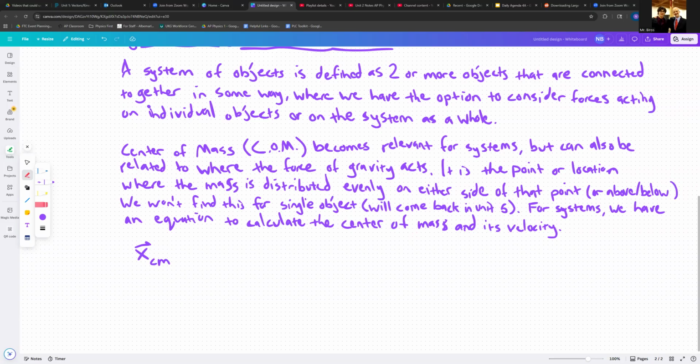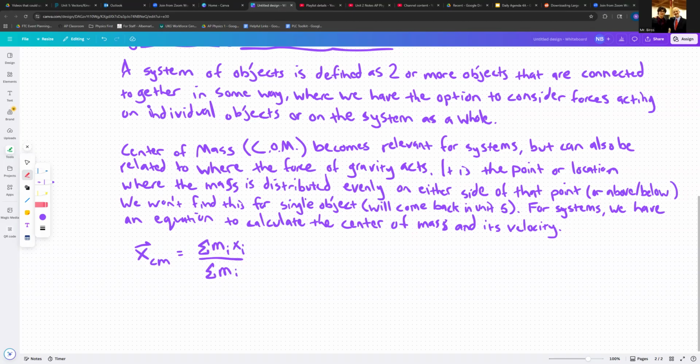So x center of mass is equal to the sum of all the individual masses, written like this: sum of m_i x_i, divided by the sum of m_i. Now, hopefully we'll do some examples, and AP has some good examples of this.